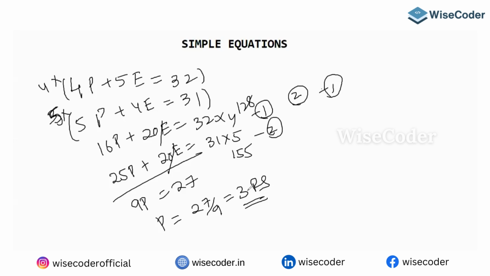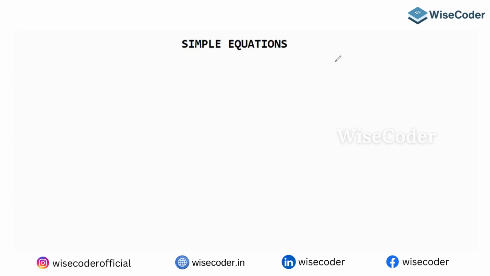Please write down the next question, everybody. 2 chocolates, 3 milkshakes, and 4 cakes cost 190. 4 chocolates and 8 cakes cost 320.